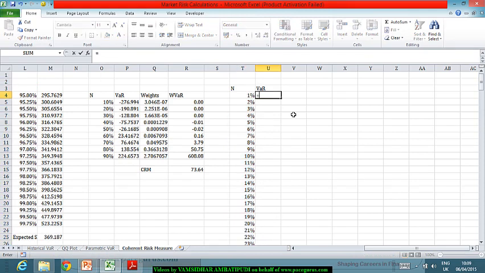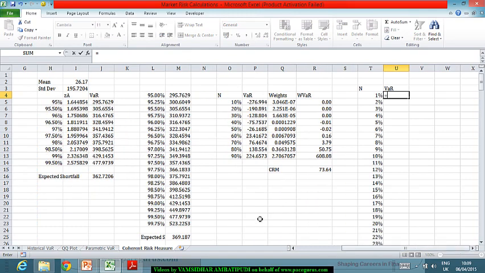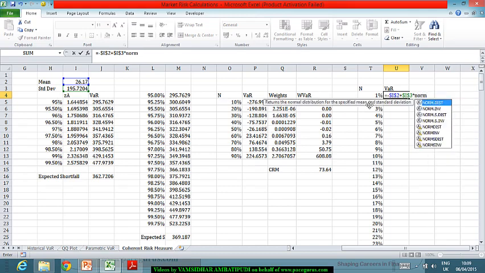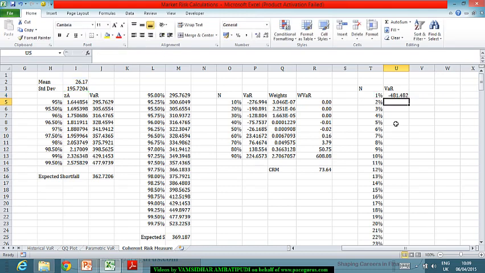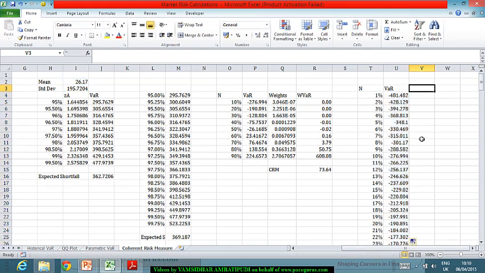And for each one, I am computing the VaR, which comes out as minus mean plus the standard deviation times the Z, which comes out through my norm inverse associated with this 1%. So these are the different VaRs that are coming out.